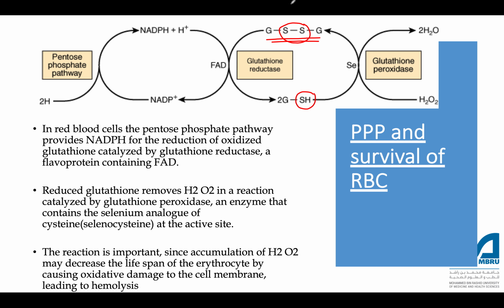And this process, that is the conversion of glutathione to reduced glutathione, means breaking the disulfide bridge and converting the SS to SH or a thiol group, and involves the enzyme glutathione reductase. However, the proton required in the process is donated by NADPH.